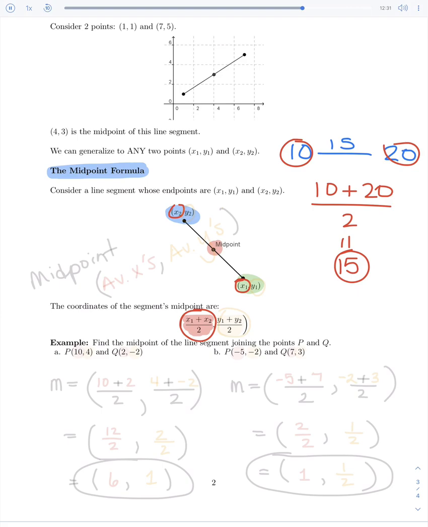And what else are we going to do? We got to do the same thing because we've got y values with the y's. So we'll take the y values and we'll average those as well, meaning add them up and divide by 2. That's what the second part says.